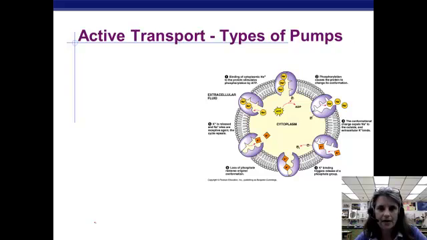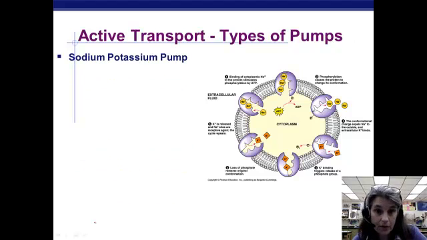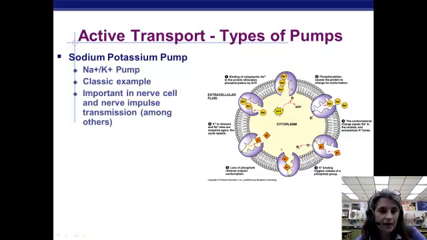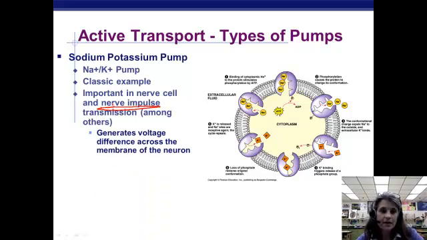Conformational change. Okay. One very well-known type of protein pump is called a sodium-potassium pump, and I wouldn't take too much time to understand all the nooks and crannies of it. We'll talk about this more when we get to nervous system stuff, but it is a classic example of a pump. It is extremely important in nerve impulse transmission, which is why we'll talk about it when we get to the nervous system.